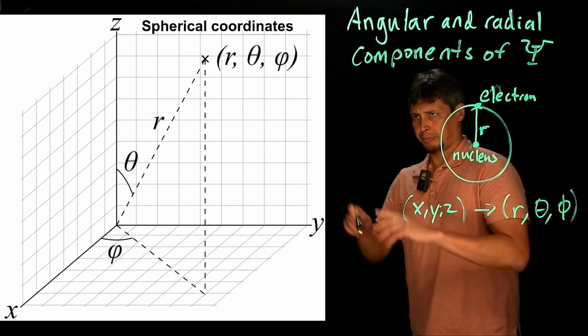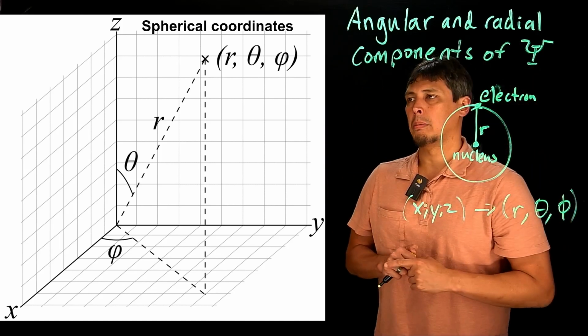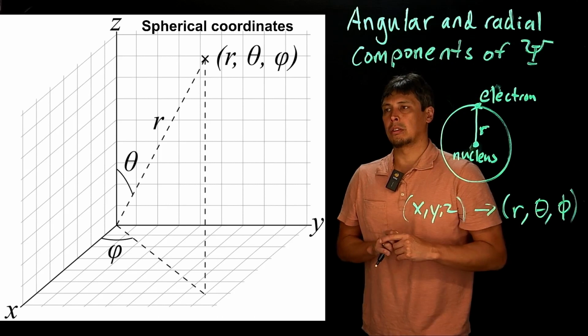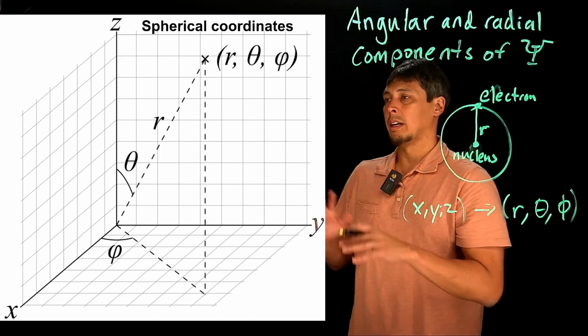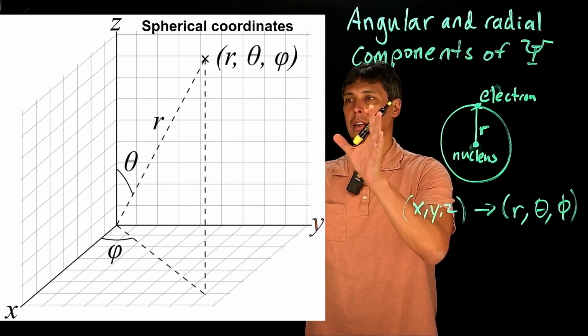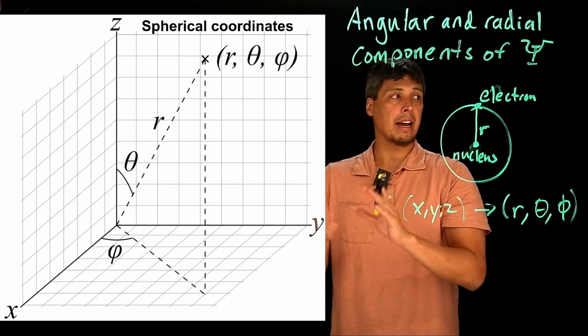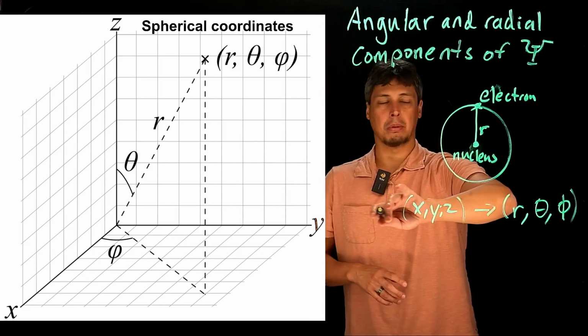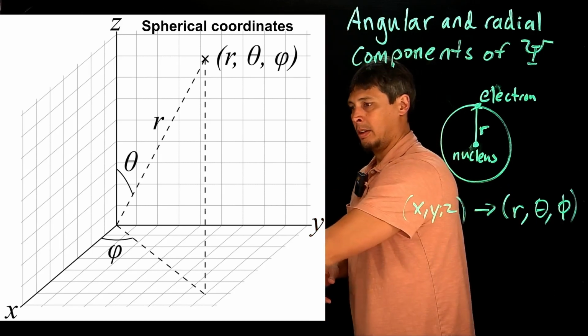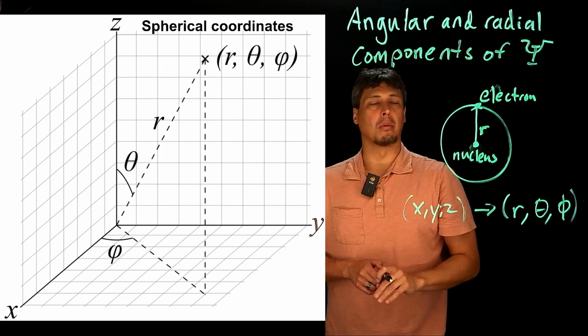And so on the board here, we can see a depiction of what those terms actually mean. So again, we have this set up with x, y, z axes. The z-axis goes straight up, y comes in the plane of the board here, and x is perpendicular to the plane of the board.